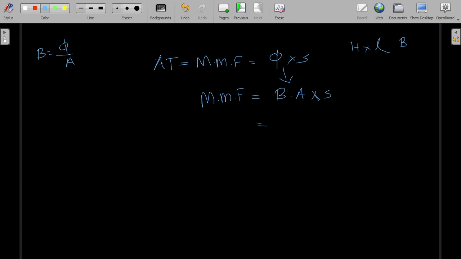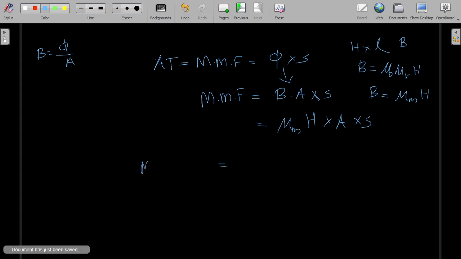Now we have B, and I'm going to substitute for B. We have already learned that B is equal to mu 0 mu r H, or B is equal to mu m H. So I am substituting this for B, that is mu m into H into A into S. On the LHS we again have mmf drop or ampere turns.